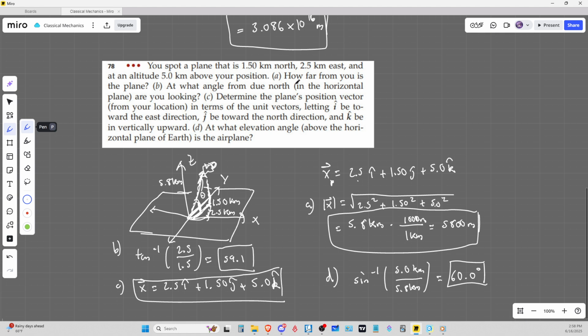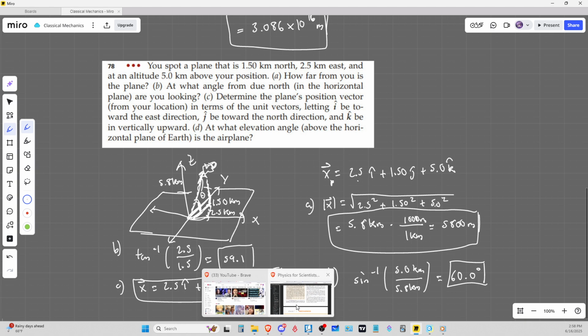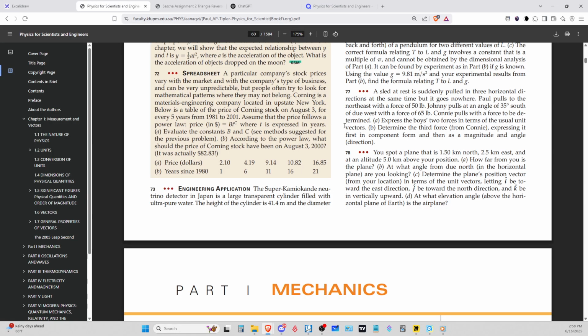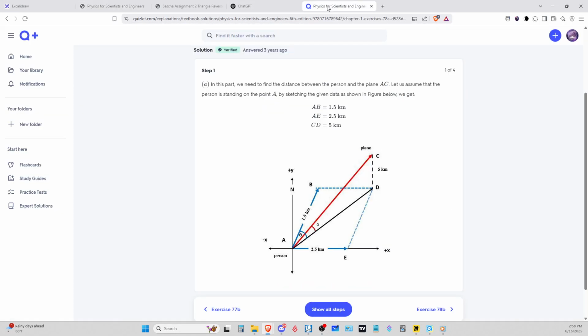So in the horizontal plane, they assume that we're just looking straight here and then looking at this angle here.